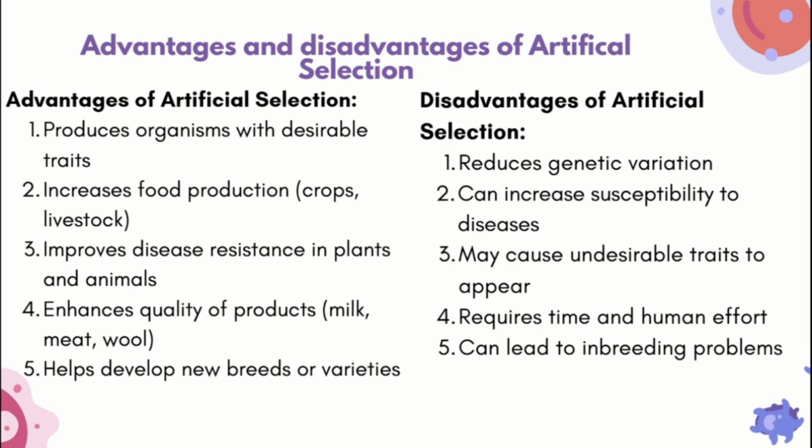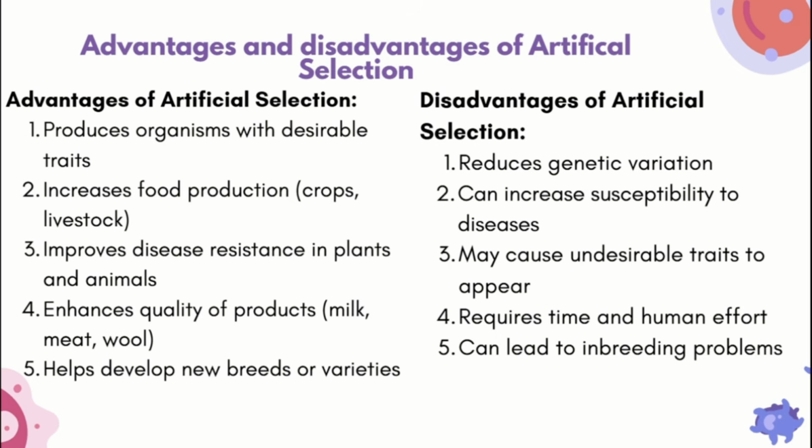Because let's just say that there is a particular illness that affects these types of animals, and we're trying to build up resistance in them. Then artificial selection is a way for us to get rid of the undesirable trait. We don't want the cow to get sick. We don't want the cow to get this particular illness because then that will kind of slow up everything.